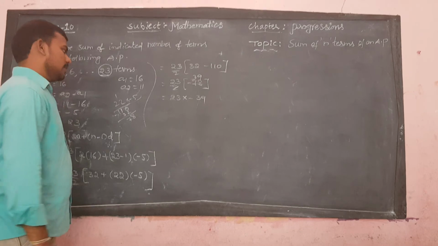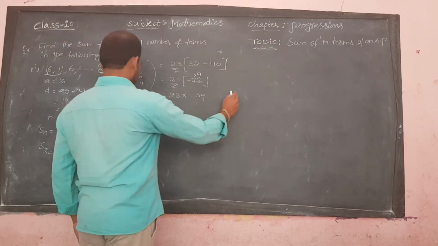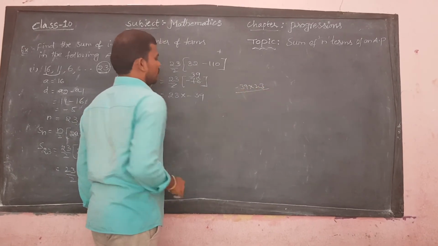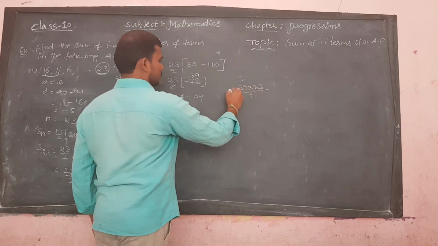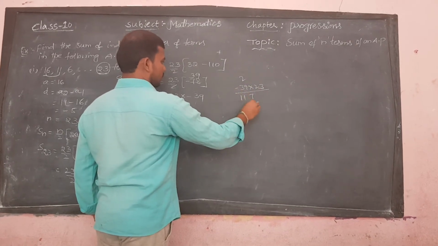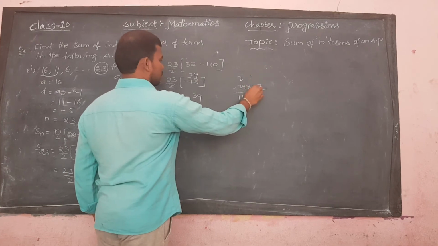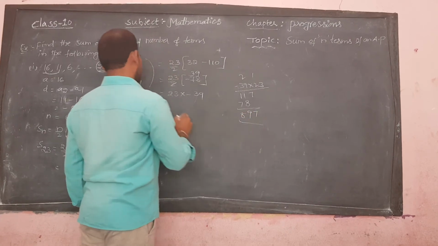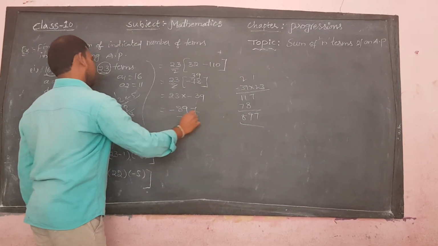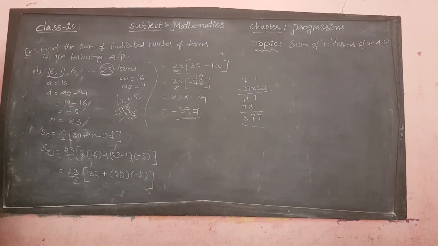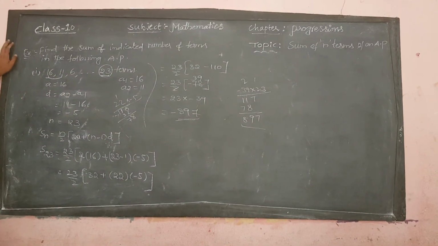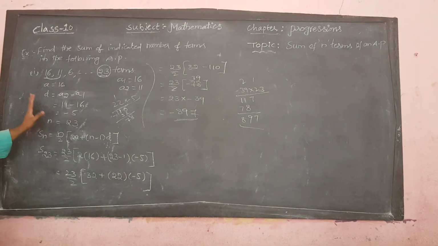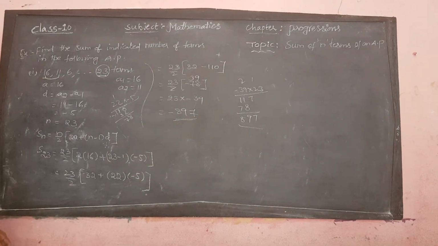Multiplying 23 into minus 39, we get minus 897. So the sum of 23 terms of the AP is minus 897.